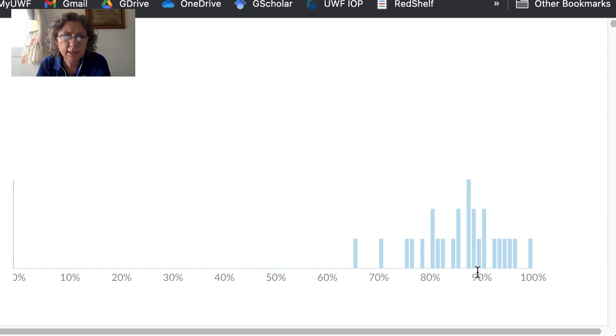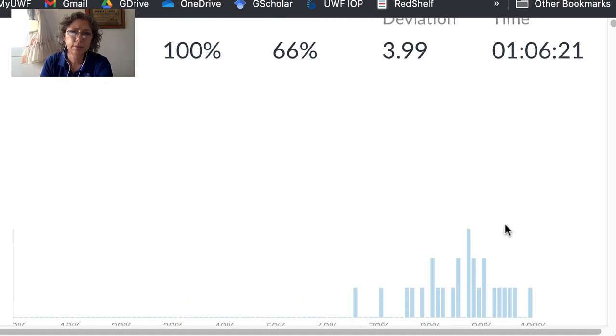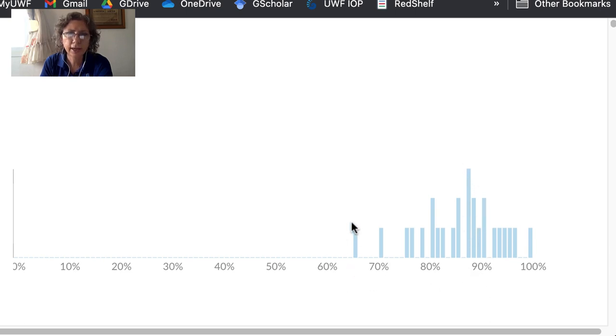If that's 90, that's going to be 88 or 87 right there. That's the mode. The mode doesn't have to be the mean. Like we said, the mean was 86, but the most often occurring score is that one right there. Notice we have a low score, we have a very high score, but other than that, it kind of just is that curve.